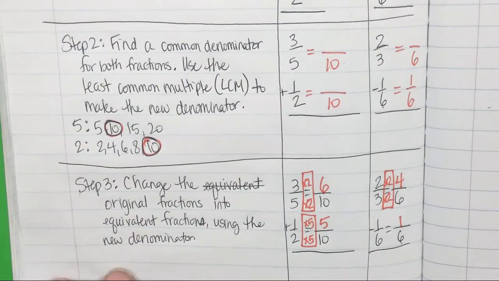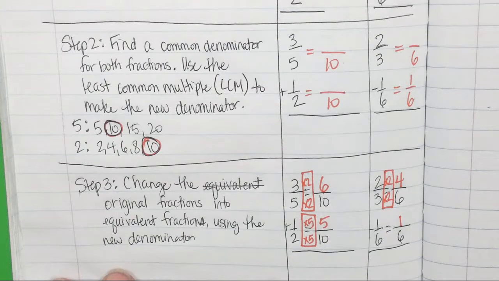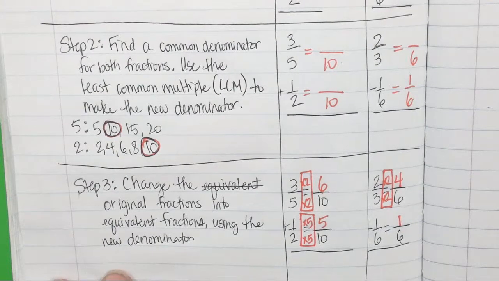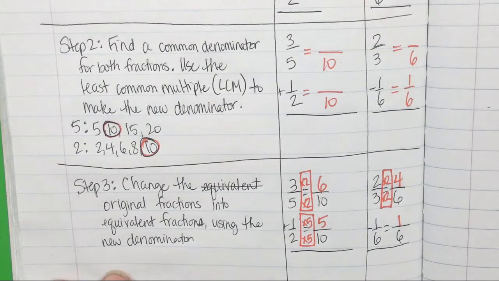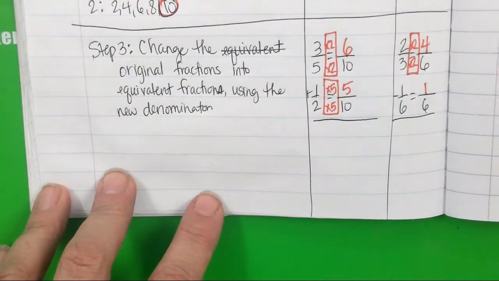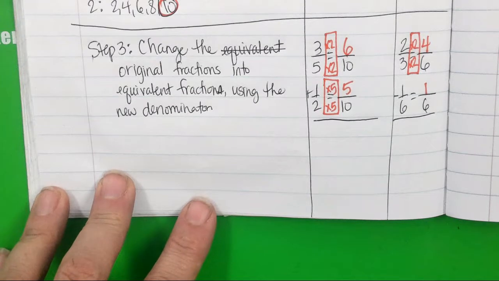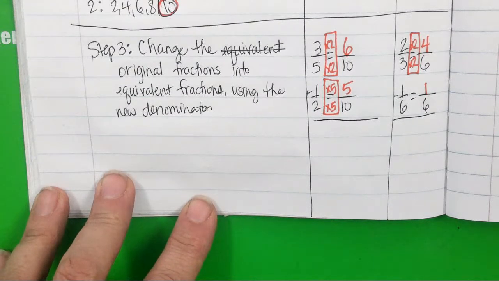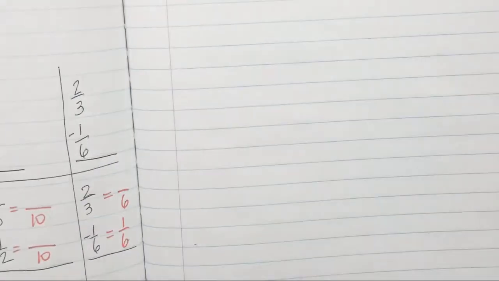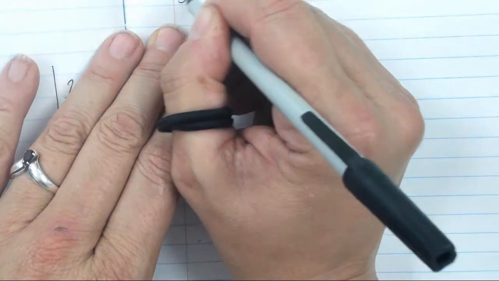Then 2. And then 3. Alright, so we're going to move to the second page if you don't have room on your next one, which I don't, and we're going to do step 4.